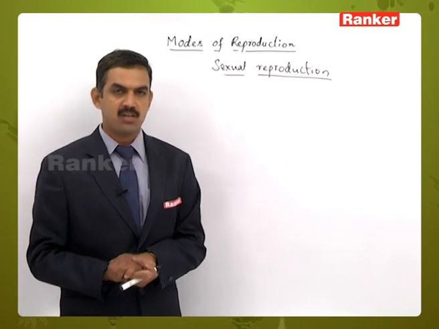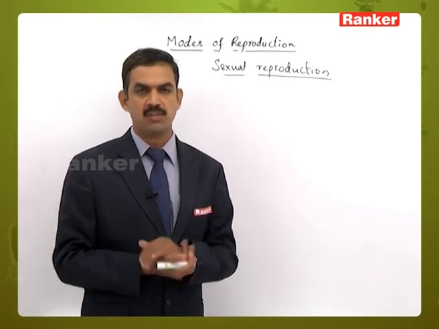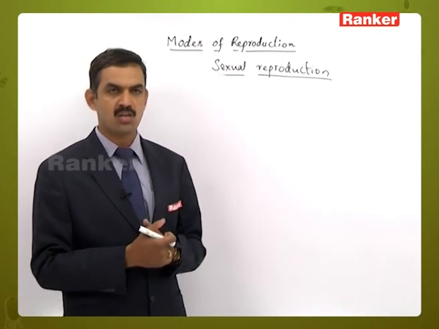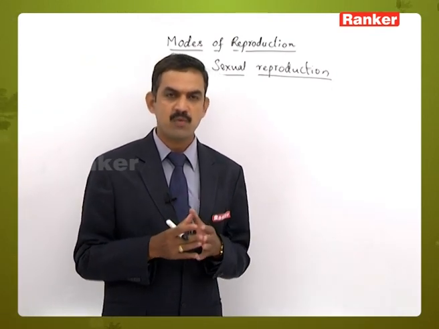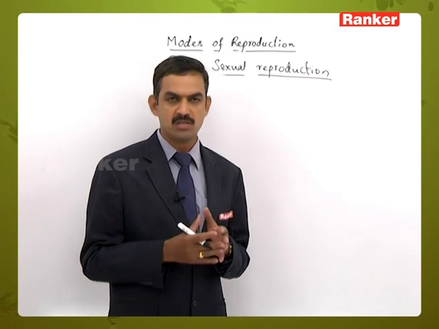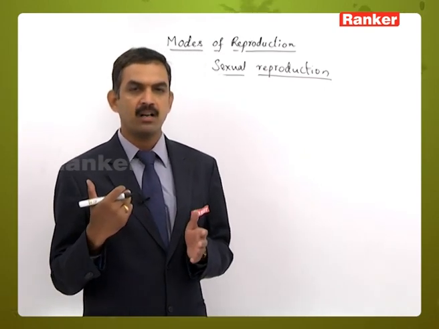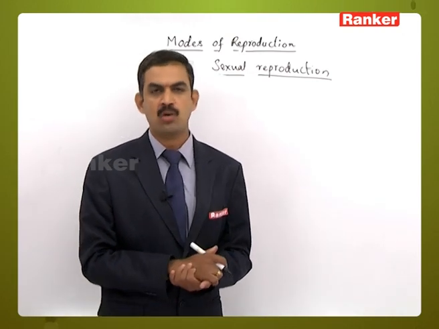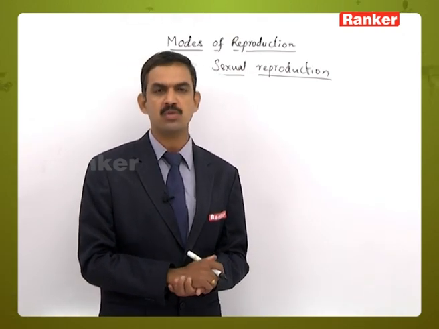In the life cycle of the organism, as we have discussed, three stages are there: juvenile stage or vegetative stage, where the plant shows more vegetative growth, and it gradually enters the reproductive stage, called the mature stage.